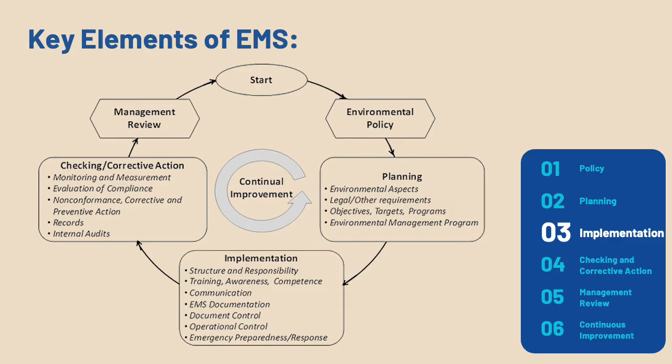For example, BASF, or another company, might implement energy saving technology in their production process or train staff on waste segregation. So that is the implementation that needs to be done by the company. This phase basically ensures that environmental policy and plan are integrated into the company's day-to-day operation. So it's all about making things happen.